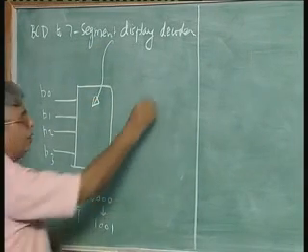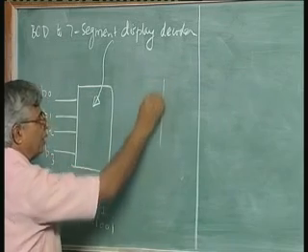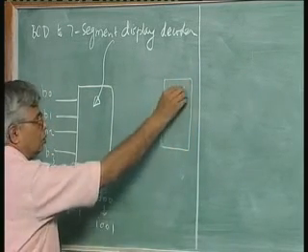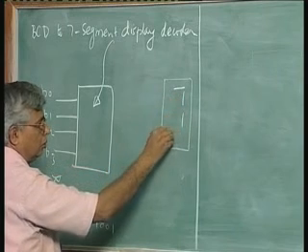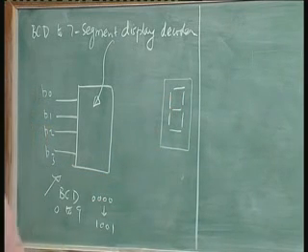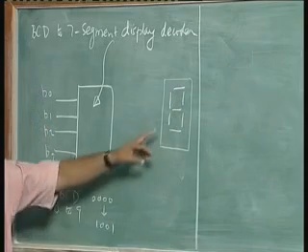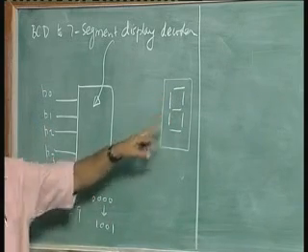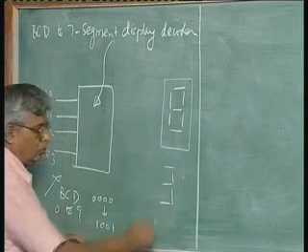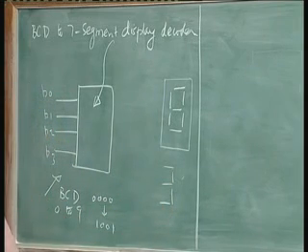What does the display look like? You have seen these displays all over the place. Depending on the number you want, you can use this display. For example, if you want to display 3, or you want to display 5.